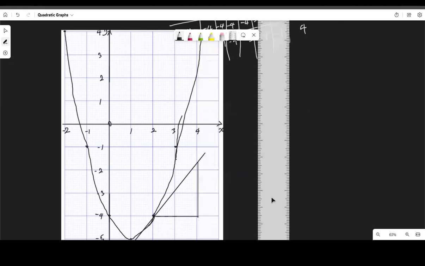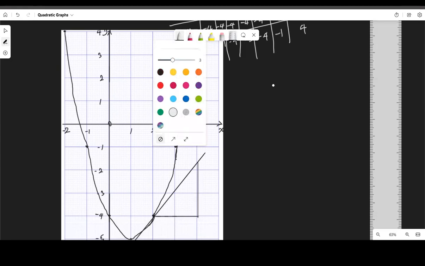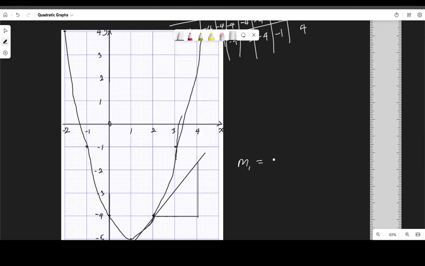Okay. Now gradient is increasing y over increasing x. So we'll trace these 2 points. Gradient here, let's call it m1, equal to y2 minus y1 over x2 minus x1.